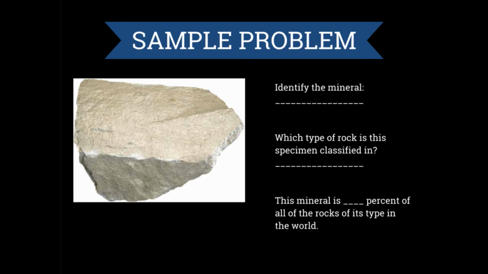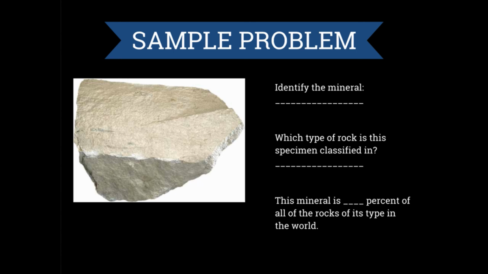And lastly, you're going to be asked a lot of really random follow-up questions. They're just kind of general knowledge. You can't really find the answer just by looking at the rock. So, for example, you might be asked what the nickname of a mineral is or what its chemical formula is.